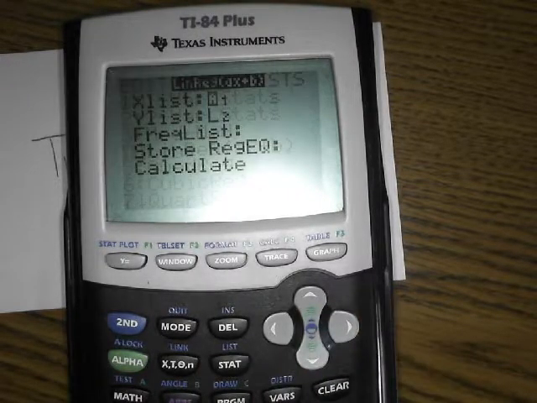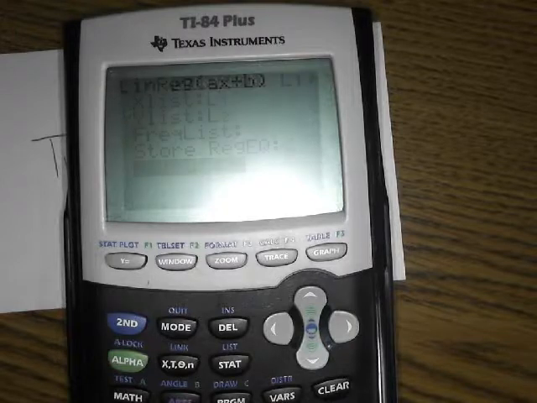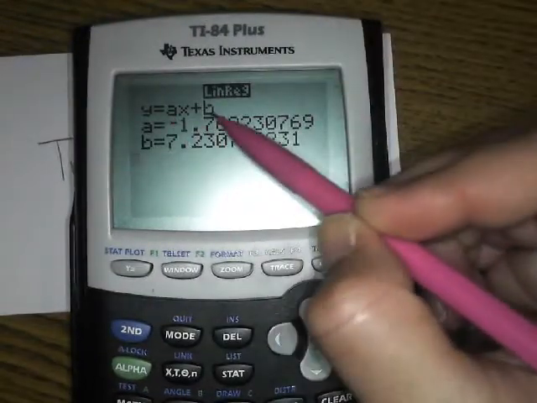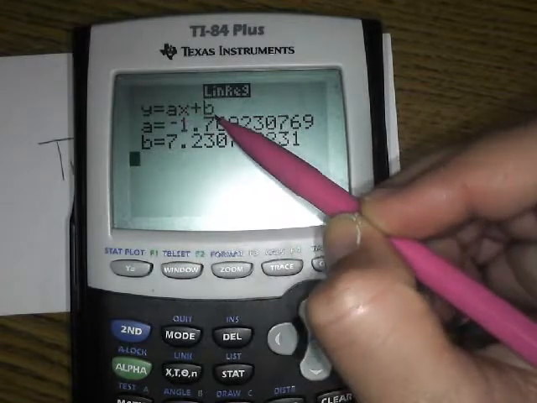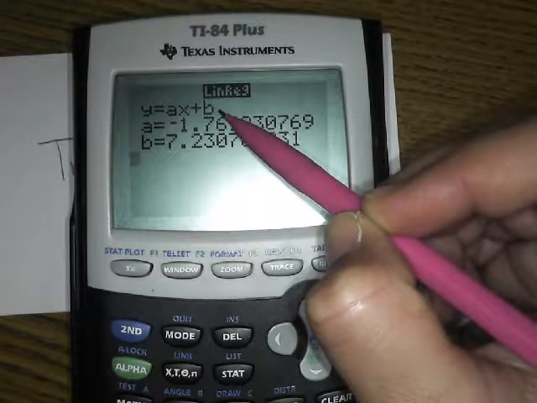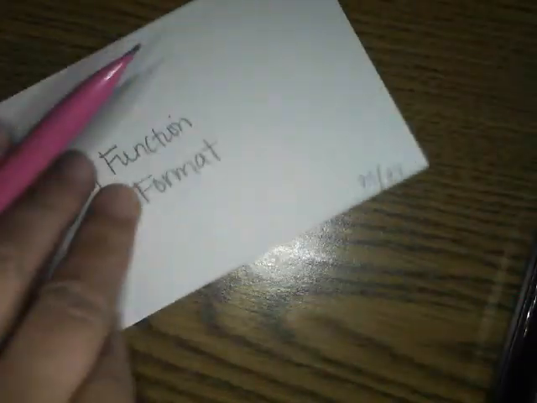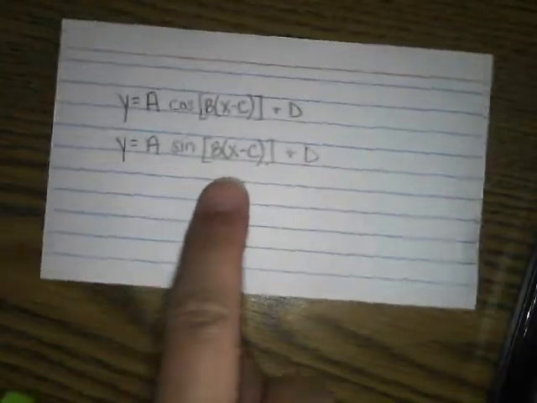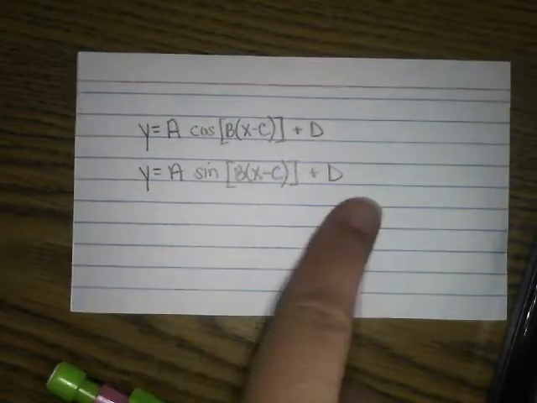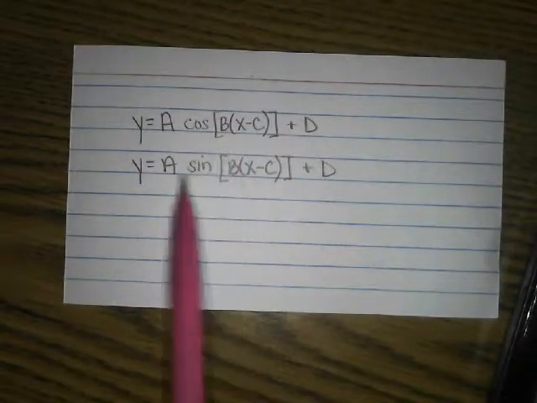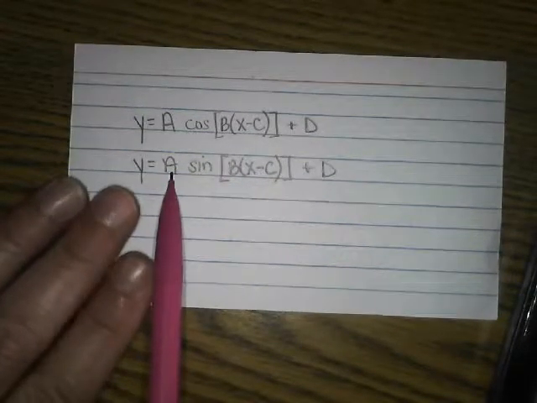Well, I'll kind of get at what I'm talking about if I had numbers that work. If I ran a linear regression, like at the top, it gives you the basic format for a line, mx plus b, right? If I ran a regression in trig, it's going to give me this with an A, B, C, and D. Now, for just the format flashcards, I don't make you tell me what A, B, C, and D are, but just to review, the absolute value of A is our amplitude.